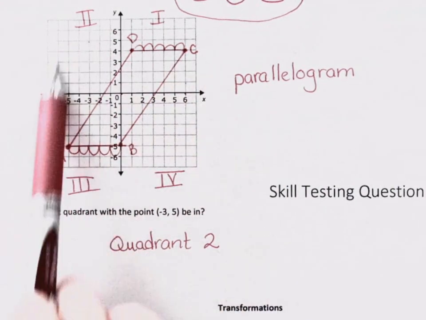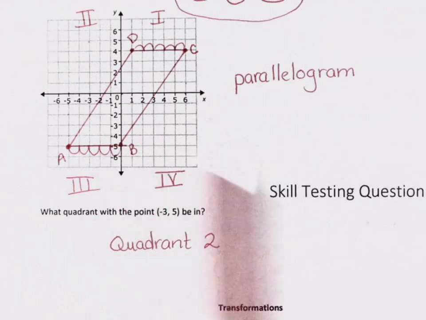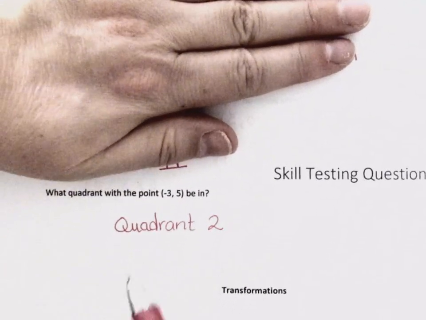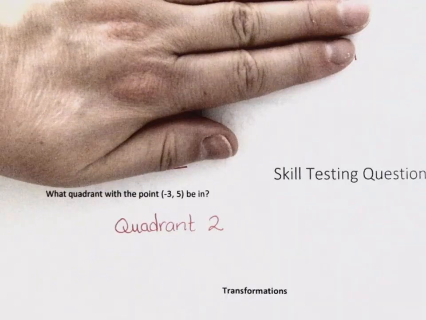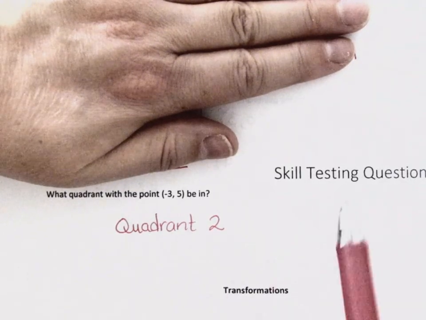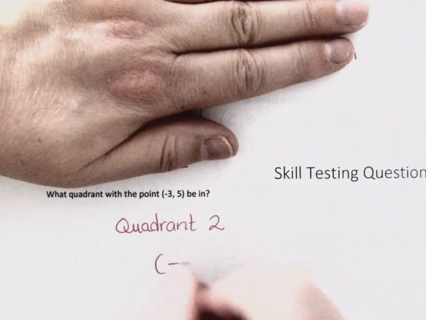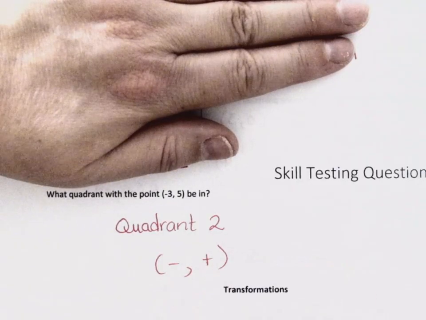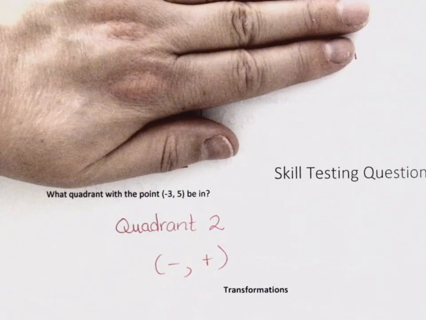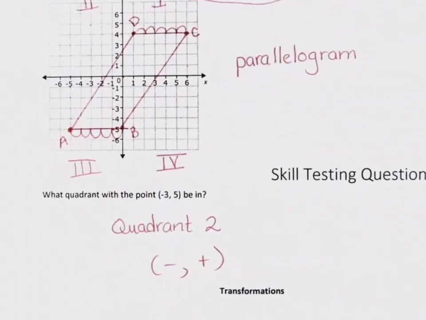I had the Cartesian plane right here, so it was easy to do. If this was just a question on a quiz and I had no idea what to do, I know in quadrant 2 that all x values will be negative and all y values will be positive. So I know it has to be in quadrant 2.